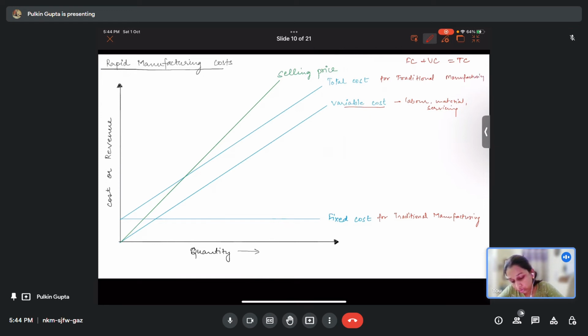Now suppose you have set your selling price as this green line. So this point becomes your break even point, BEP. It is after this point that you will be able to generate revenue.